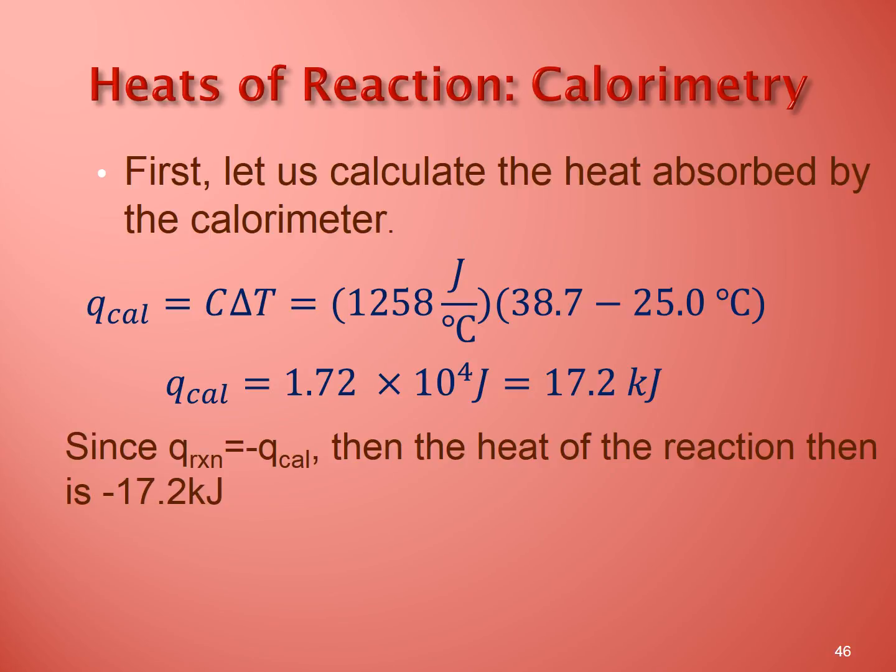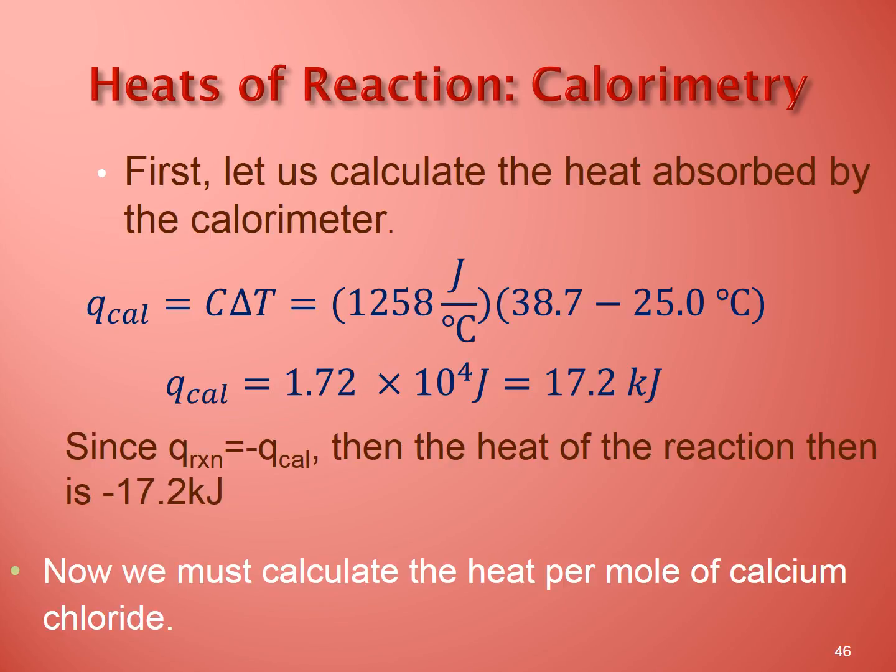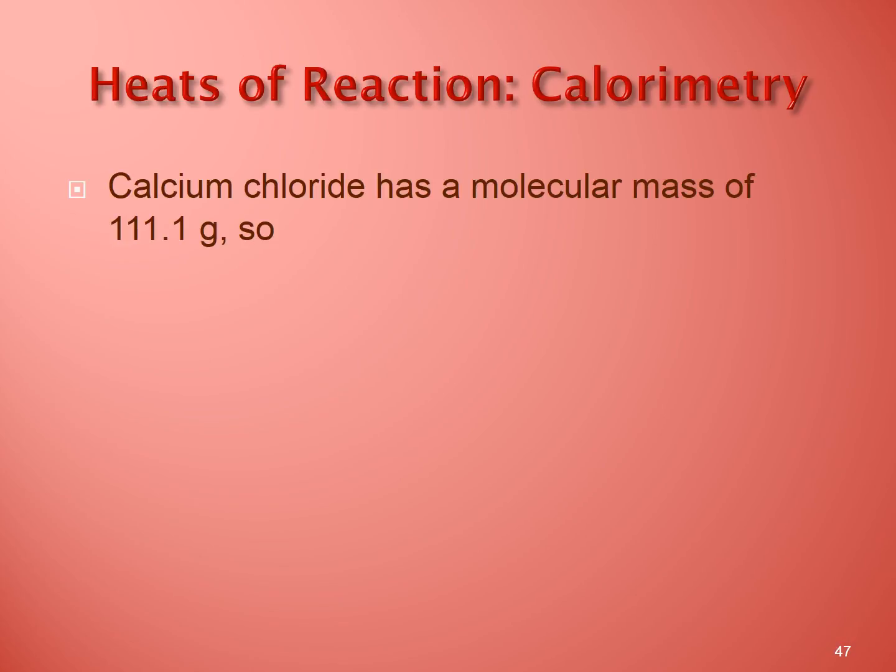Now that is for the amount of calcium chloride. So now we have to calculate the heat per mole. We're going to have to figure out how many moles we actually reacted. Calcium chloride has a molecular mass of 111.1 grams per mole.